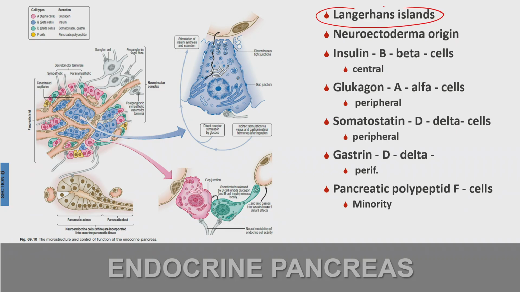Those Langerhans islands contain neuroendocrine, so neural crest originating cells, which are producing hormones. You probably know very well insulin, and probably also gastrin, and following others. Those two are the most important, insulin and gastrin.